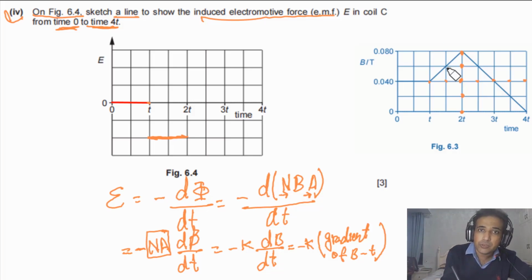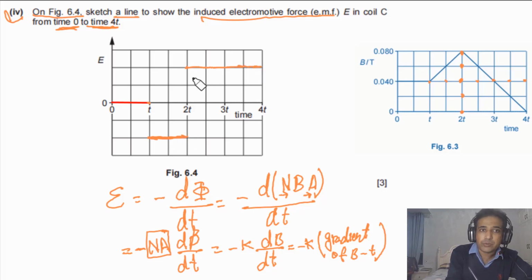So the gradient of this part and this part is the same, but this gradient is negative, so EMF has to be positive. After time 2t, EMF has to be positive, from here to 4t.